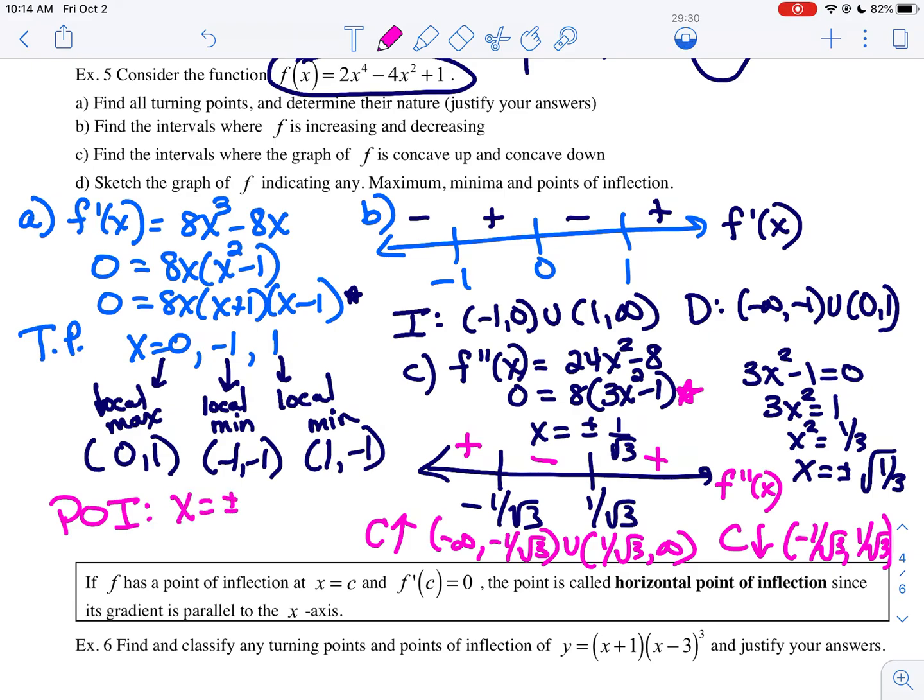So x is here, and then you could plug it back in, and let me just double check my work here. Yeah, okay, so I did this as a decimal and got 0.577.